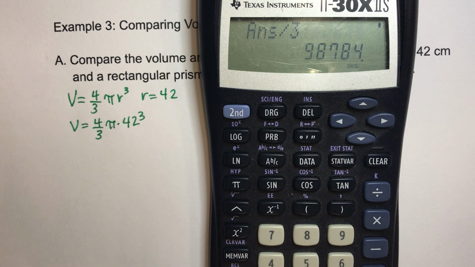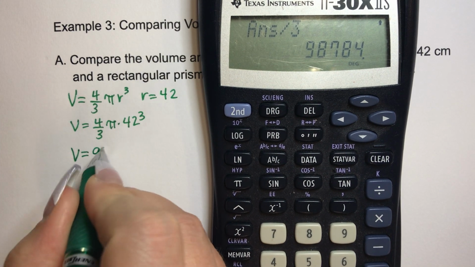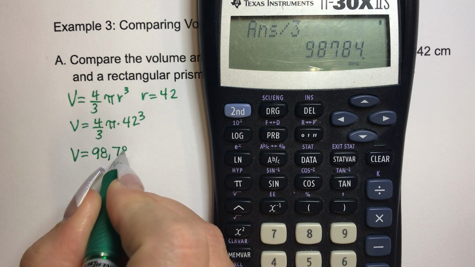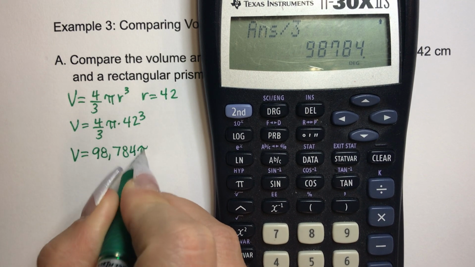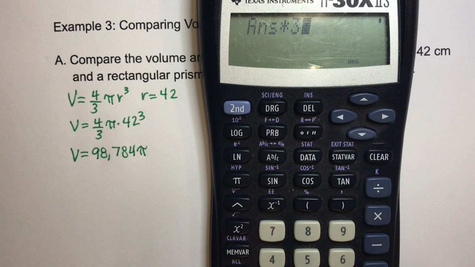And I end up with the volume equals 98,784 pi. But I also want to figure out what it is, so I multiply that by 3.14.